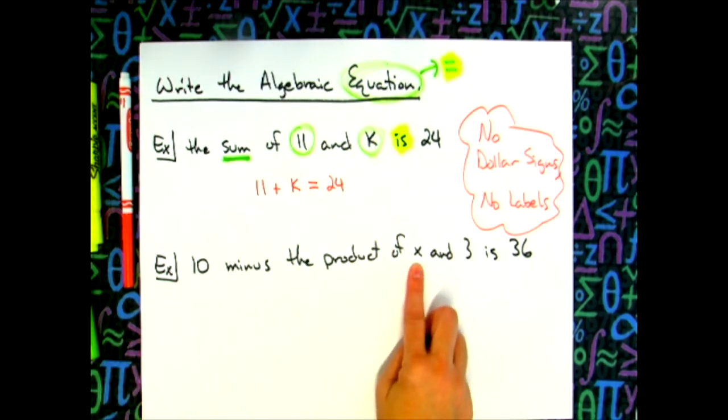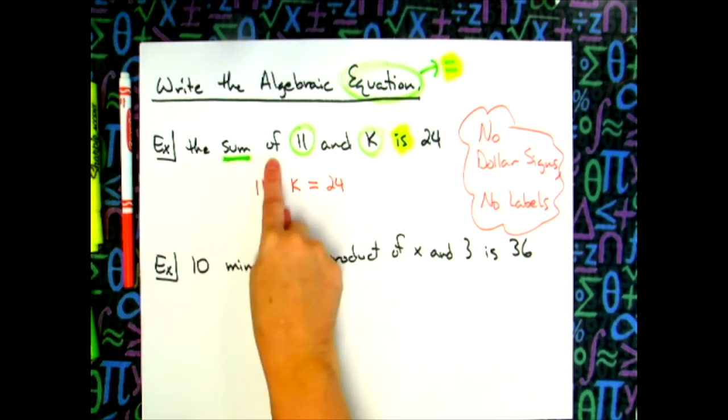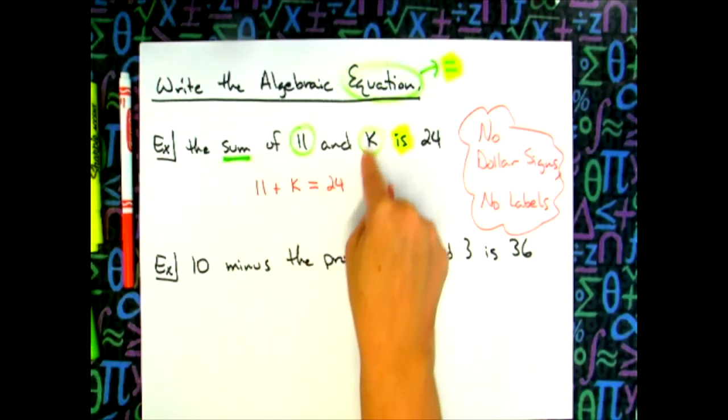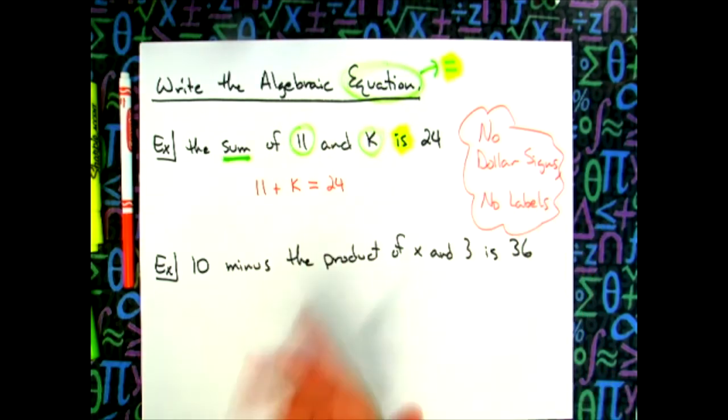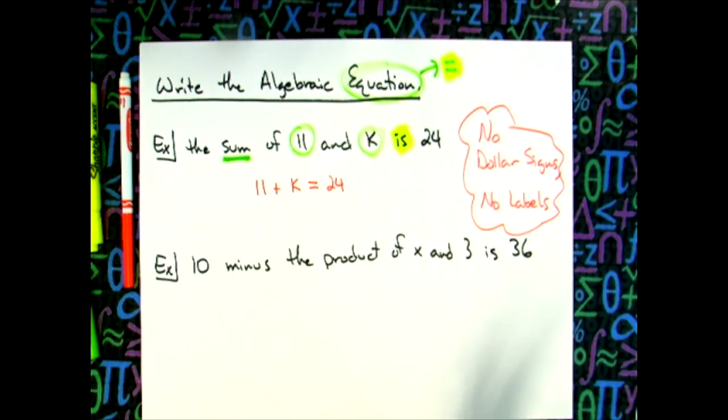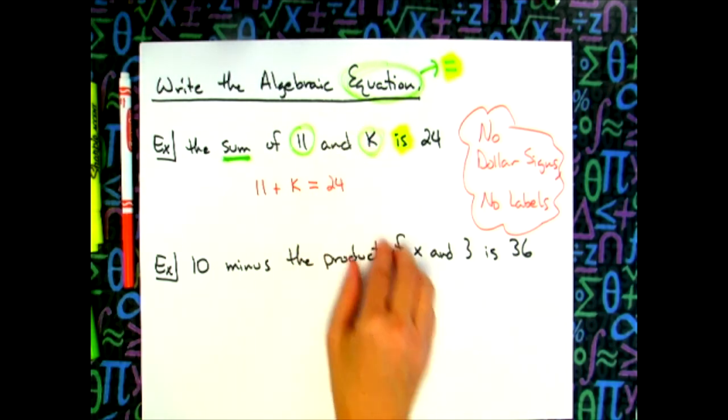Here, I've given you an x, so it's got to be an x. Technically, they don't have to give you that. I'm sure you saw these last year where it says the sum of 11 and some number. Pick an x, use an x. If they don't tell you what variable, just use an x, because we always use x. But in both of these, I specifically told you what variable you have to use.